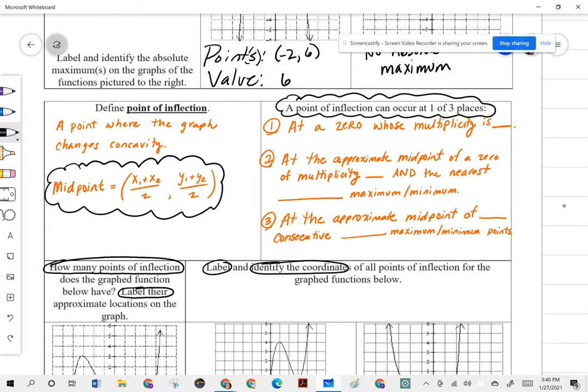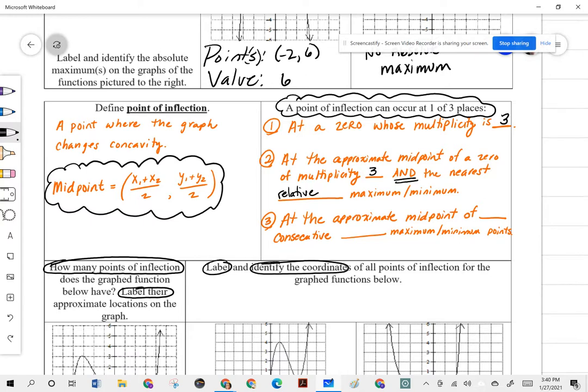It can occur at a zero whose multiplicity is 3, which we've already kind of talked about. And we can also look at the inflection point where it's the approximate midpoint of a zero of multiplicity 3 and the nearest relative max or min.